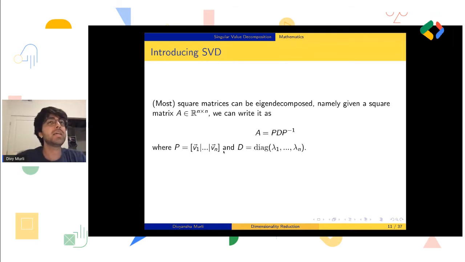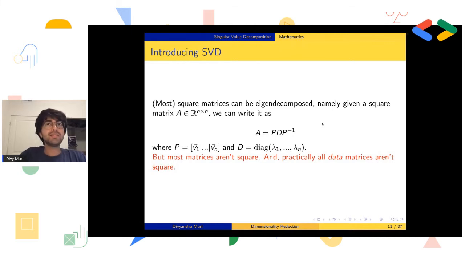There are edge cases, but we won't have to worry about them for the purposes of this talk. If we go into this basis of eigenvectors, then the matrix itself in that basis is just a diagonal matrix. Diagonal matrices are a lot nicer and simpler than any other matrix, and so we generally tend to like diagonal matrices.